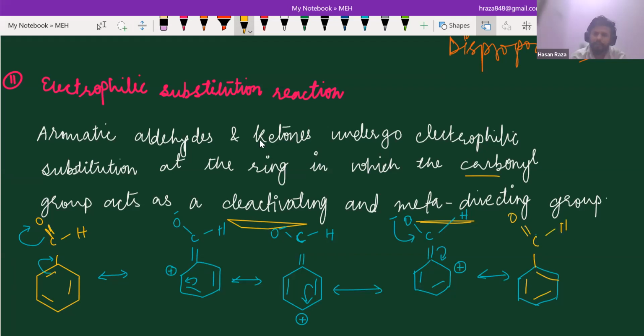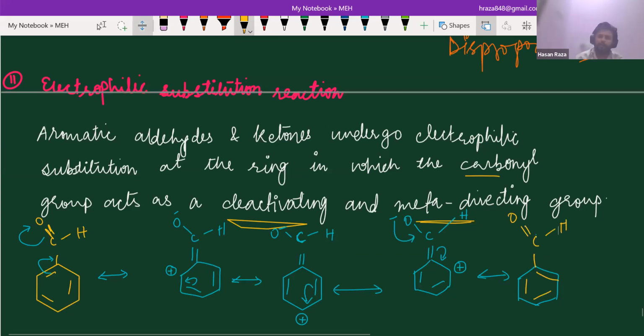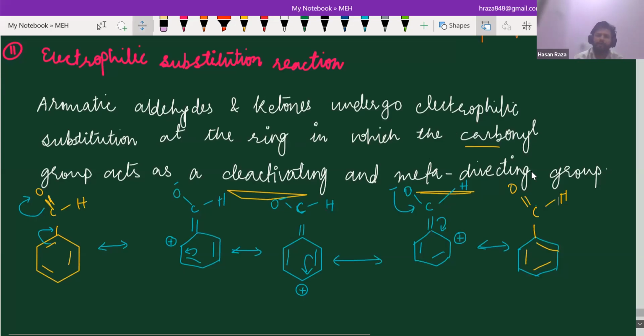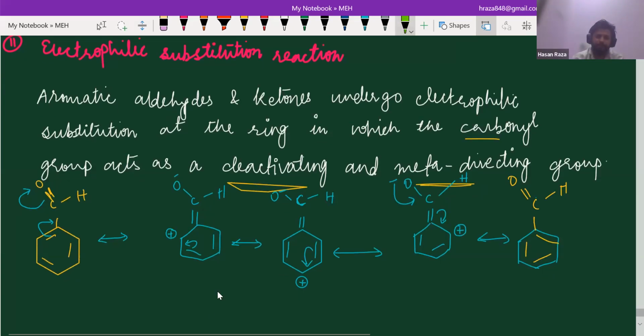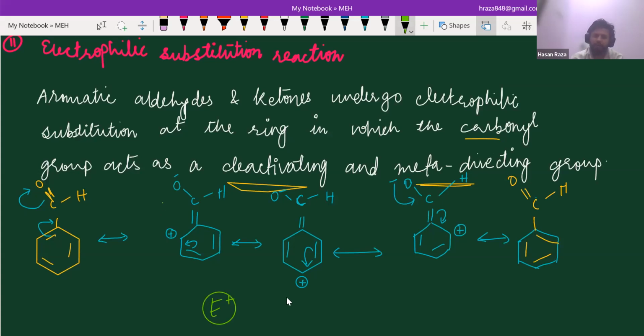So if any electrophile wants to attack on this ring, this electrophile will not be able to attack on ortho, para, and ortho. Only two places are left, that is meta. Both are basically meta positions where the electrophile can attack, because an electrophile is basically an electron deficient molecule.